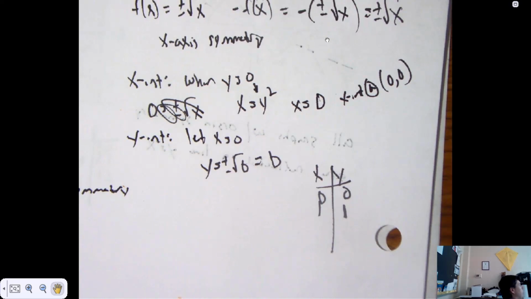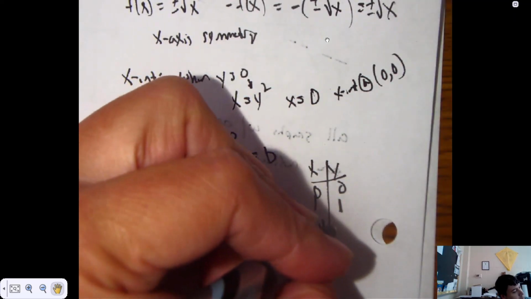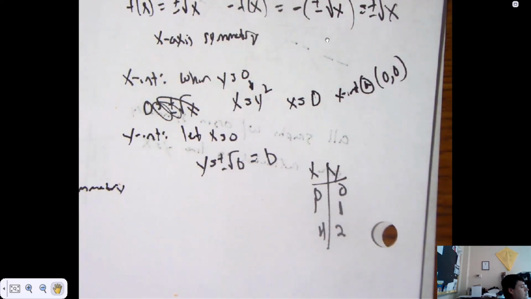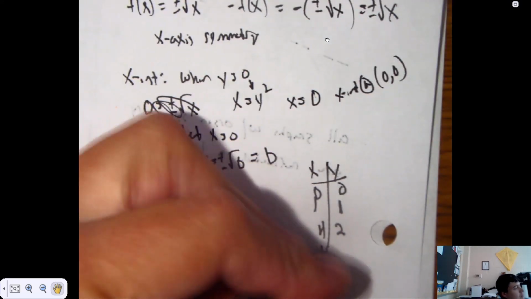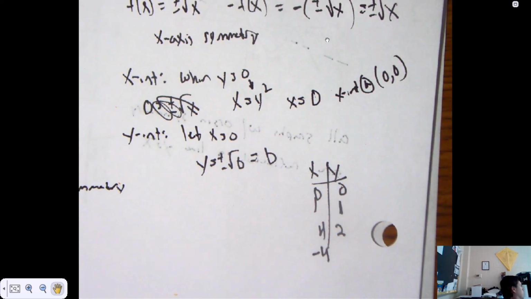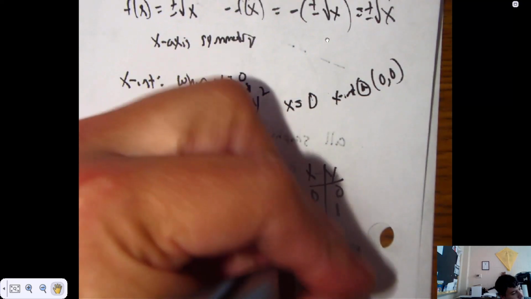Any other numbers? Yeah, 4. What's the square root of 4? What would happen if you threw a negative number at it? What if you threw a negative 4 at it? Imaginary. Not real.